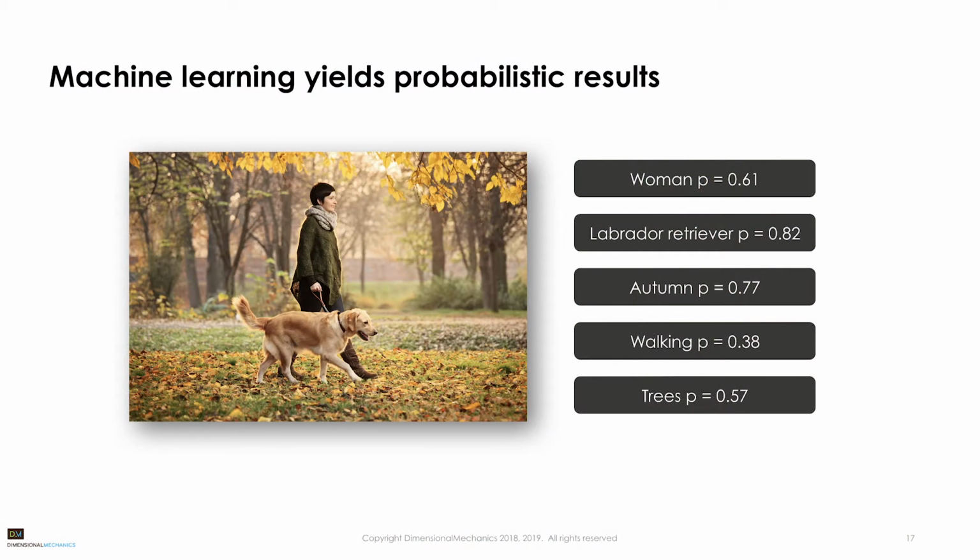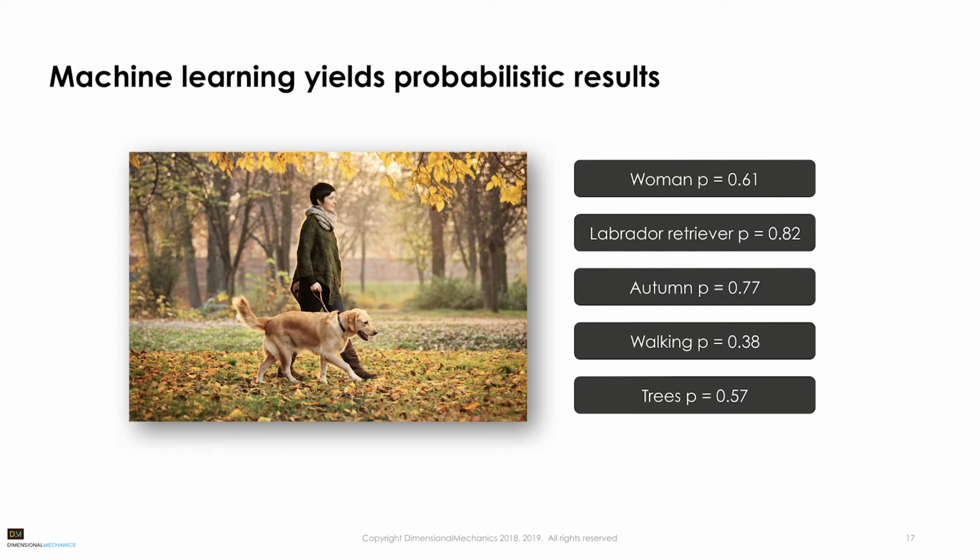So machine learning is probabilistic in nature. You can't really say with absolute certainty whether something is A or B. It's always a probability. When you build a model, the model will only give you a given result with a certain level of probability.